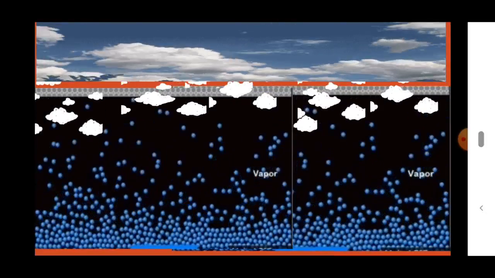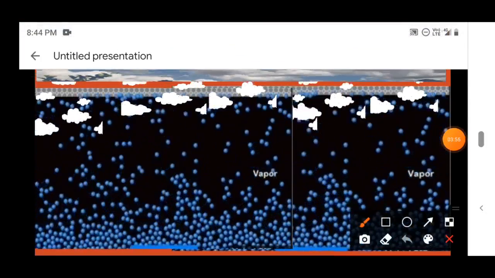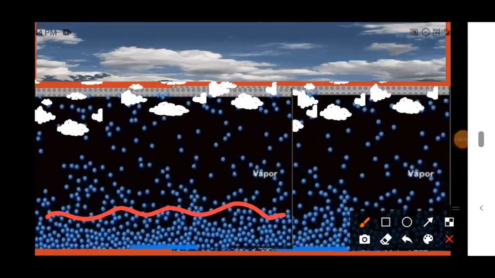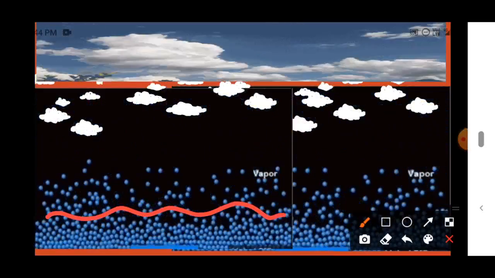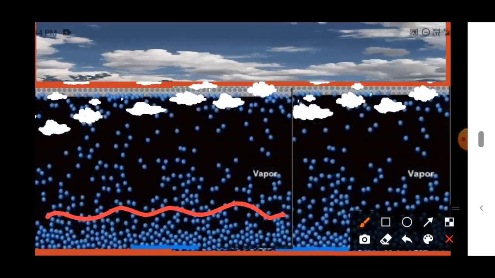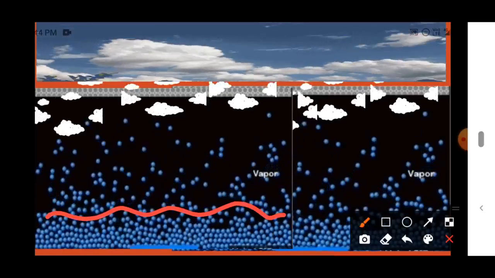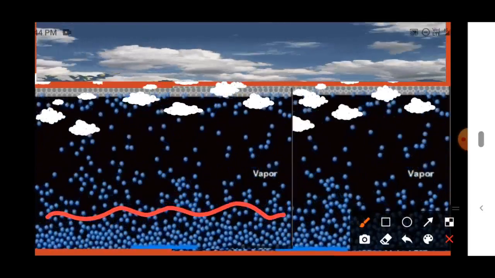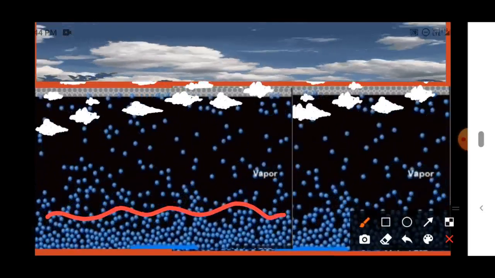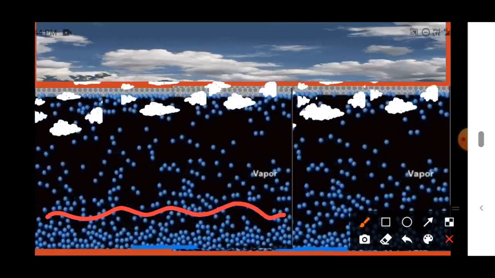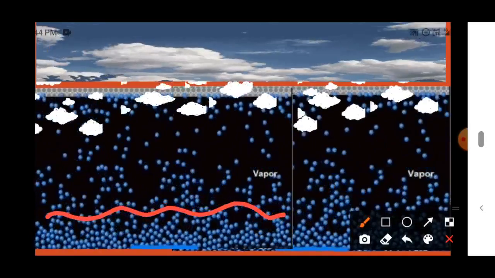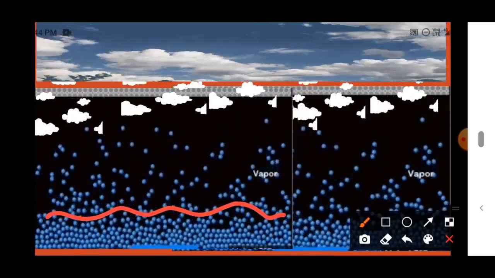First, see the bottom. Here all the water molecules are present on the earth's surface. This water is converted into gas, that means vapor form, and it moves upwards. At a certain place, it gets cooler and cooler.